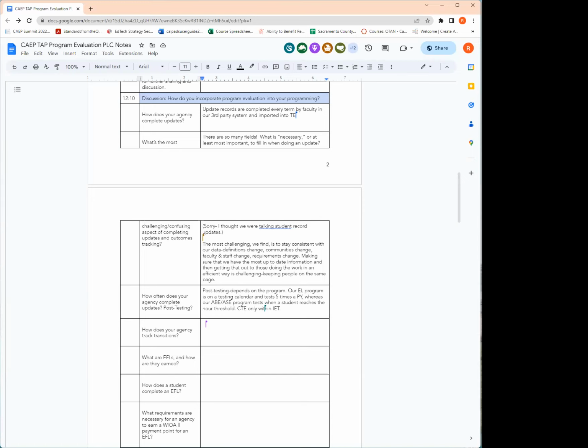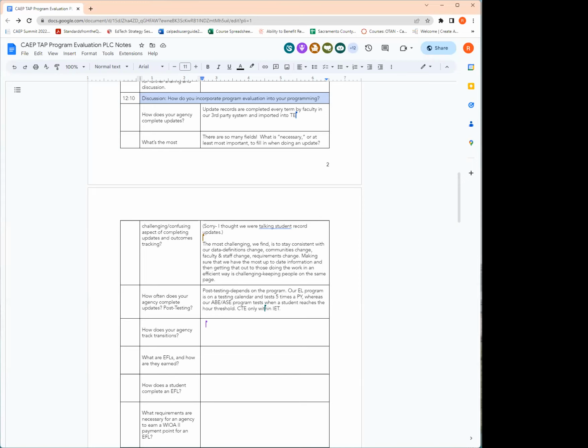All the night faculty come together at the end of a term, and then I'm there to answer any of the questions that they might have, any changes that may have occurred. CASAS is known to change things midway through. TE is known to change things midway through. So anything that may be a little bit different, they have someone there to support them. We have a set of instructions that is done by programs, so they have that as well.